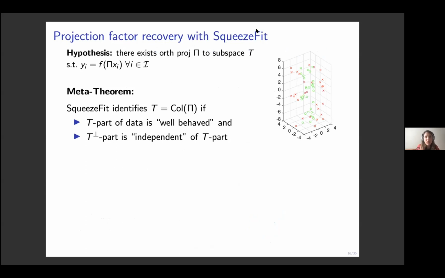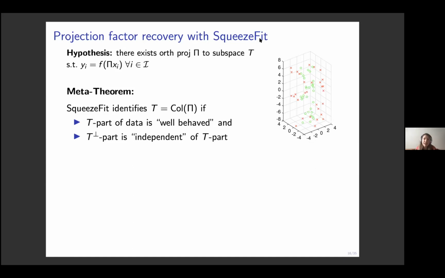So what we can prove for SqueezeFit is this projection factor recovery problem that we discussed at the beginning, that claims that if your data is constructed in the same way, like I explained, concentric circles and then noise in the z-axis.